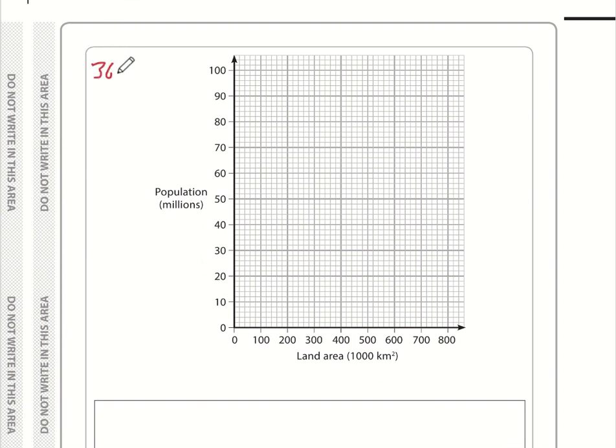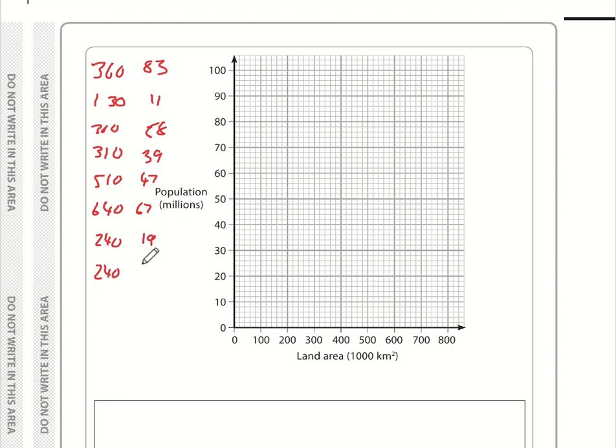It's 360, 83, so let's write down the populations: 130, 300, 310, 510, 640, 240, and the UK one we worked out was 240. And here we've got 11, 58, 39, 47, 67, 19, and 67. This just saves me scrolling back up and down the whole time.